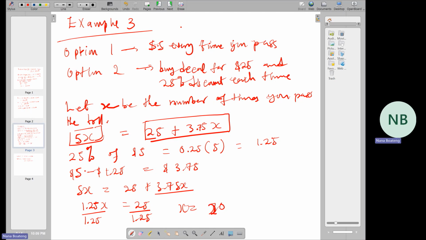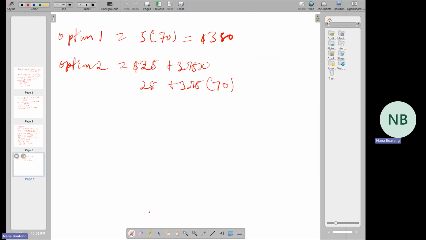So this is 20, not 70. So I made a mistake here. So if I come here, let me make a correction. So this is not 70, this is 20. This is 20 instead.